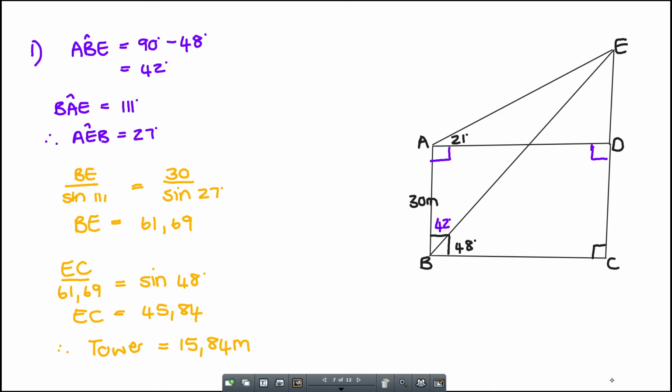Sin 48, so if this triangle is a 90 degrees triangle. Nee, ek het nou net gesien by Newton, he wanted to use the sine rule with a 90 degrees angle. Nee, we don't do that, because what's sine 90? Dit gee vir jou 1. Nee, so it's not going to help me. I'm not going to get any further than what I am before I started using that sine 90.